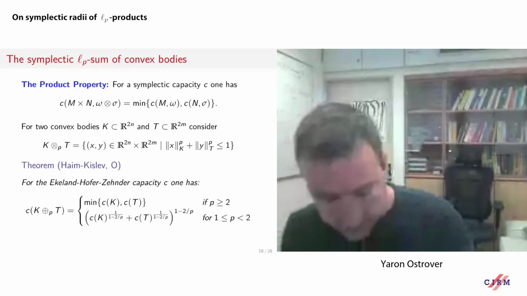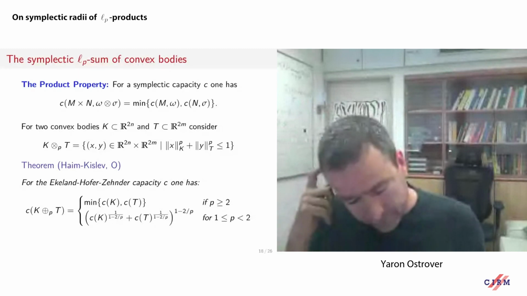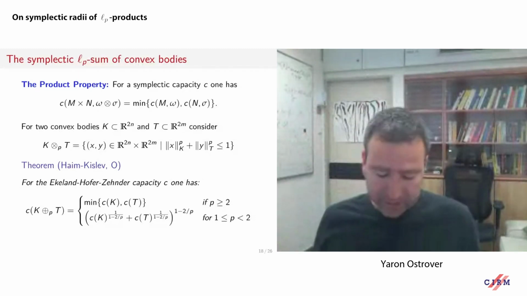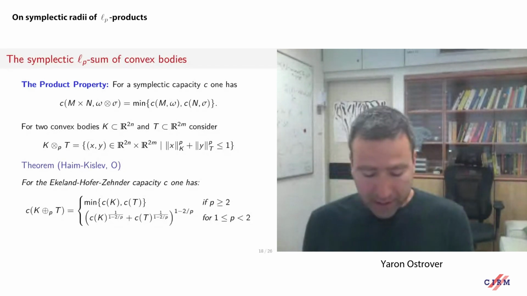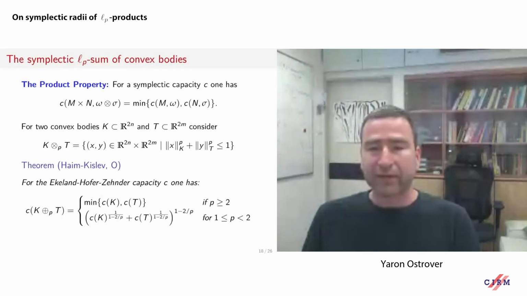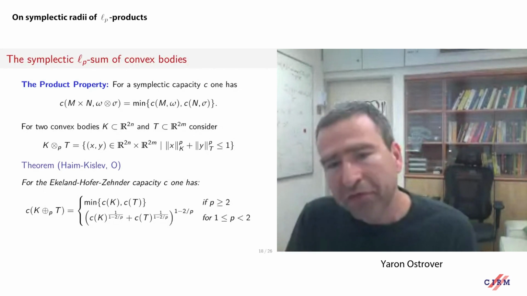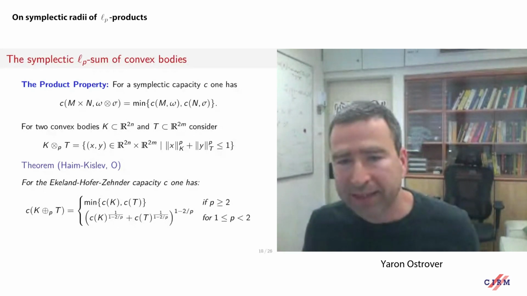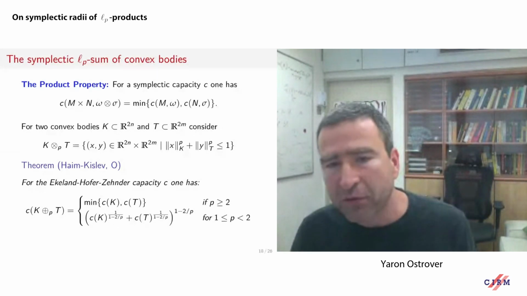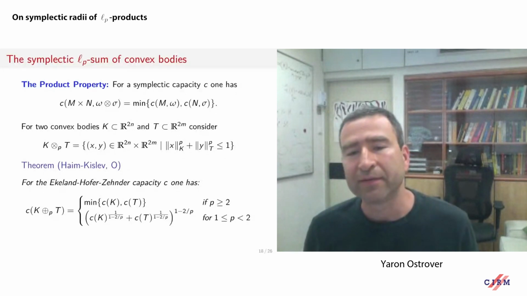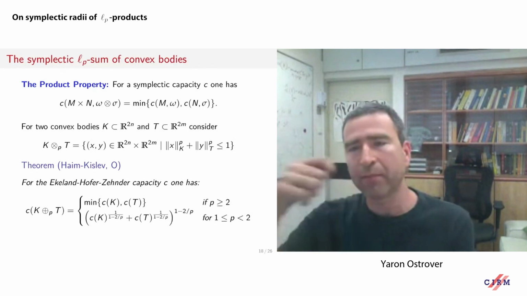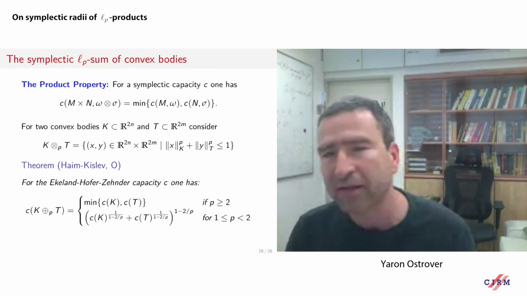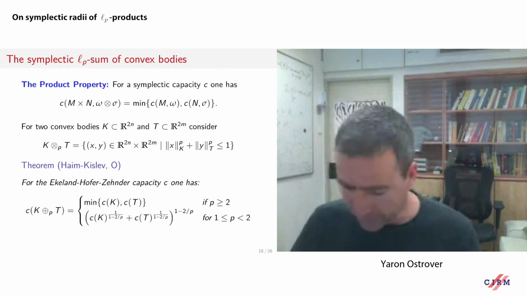This is a joint project with Pazit Chaim Kislev, who's a student of mine, and in this case, we consider first the well-known symplectic invariant, which in the case of convex domains is called the Ekeland-Hofer-Zehnder capacity, which is just the minimal action among closed characteristics on the boundary.